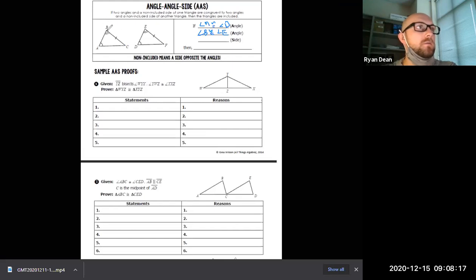For the side, we go from B to C. B to C has to be congruent to EF. And as long as we have these conditions, then triangle ABC is congruent to triangle DEF.